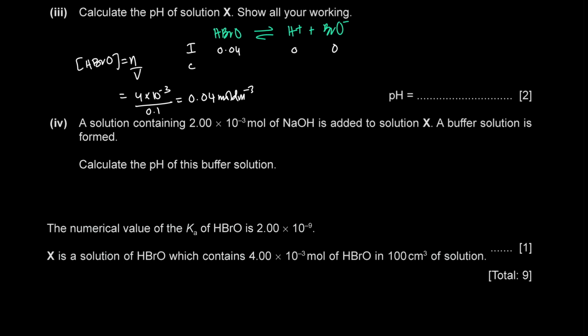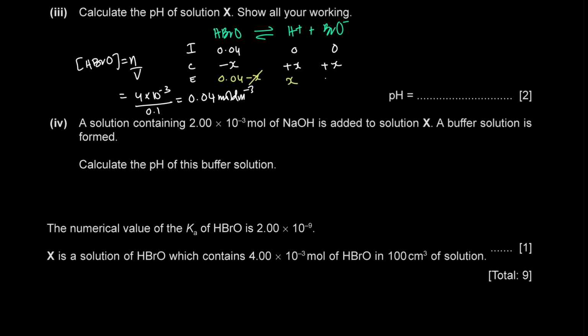Let's say x moles of the acid ionize per dm³, which means we get x moles of H⁺ and x moles of BrO⁻. At equilibrium, we can assume that our concentration of acid is the same as the initial concentration, because it's a weak acid and barely ionizes. So we have 0.04 mol/dm³ of HBrO at equilibrium.